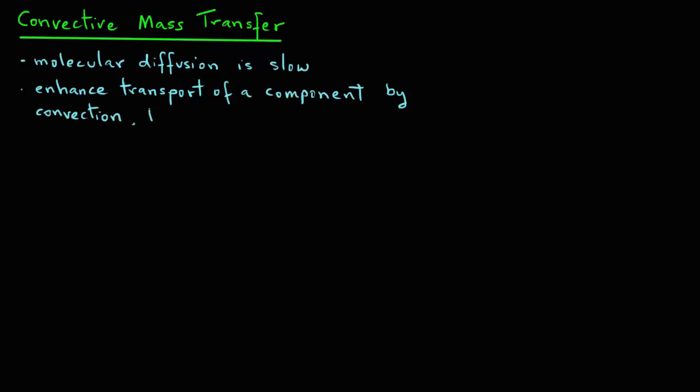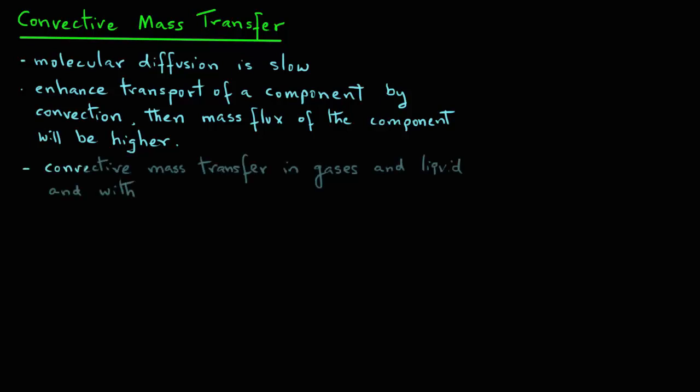Then the mass flux of that component will be higher. In other words, it will move at a faster rate. So we can have convective mass transfer in gases and liquid and also within porous solids.